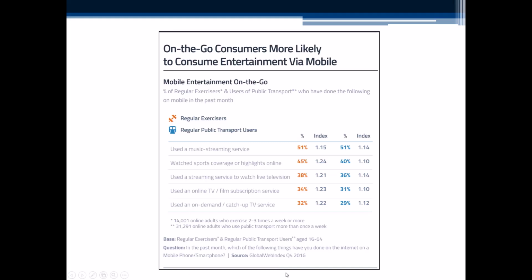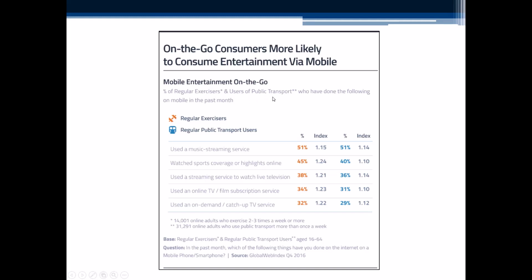You can see a good illustration of that here, where Global Web Index has this infographic that is reporting on what they term on-the-go consumers and their likelihood to consume entertainment content via mobile devices. So they're talking about on-the-go consumers being people who are regular exercisers and users of public transport.